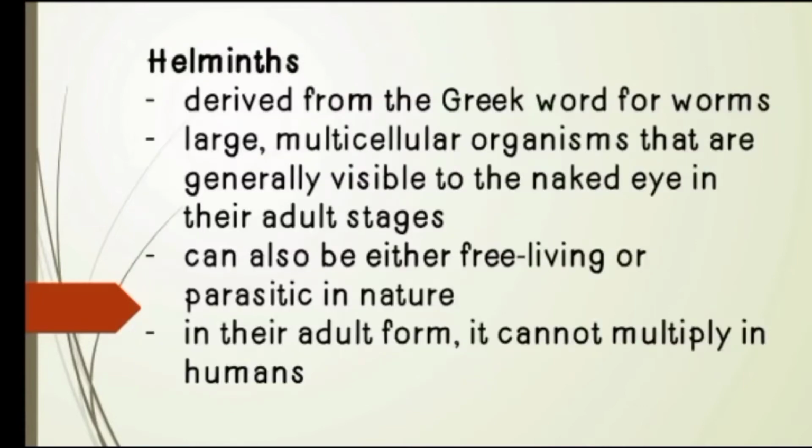Helminths. The word is derived from the Greek word for worms. They are large, multicellular organisms that are generally visible to the naked eye in their adult stage. And like protozoa, they can also be either free-living or parasitic in nature. And in their adult form, they cannot multiply in humans.